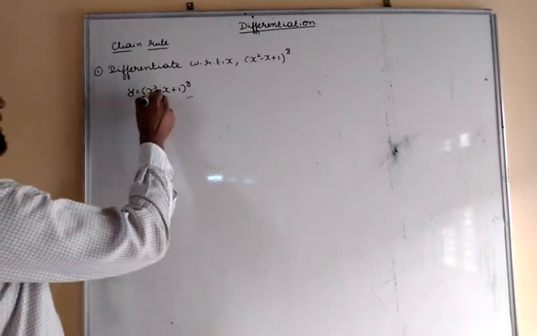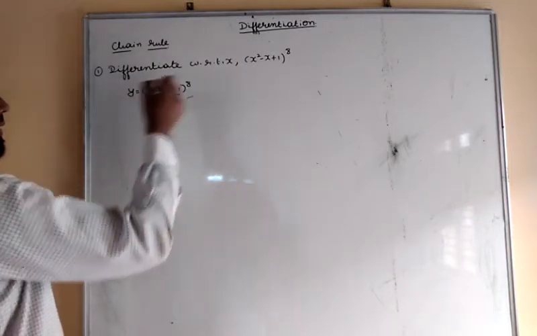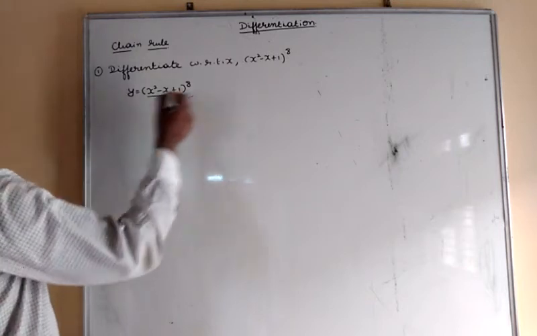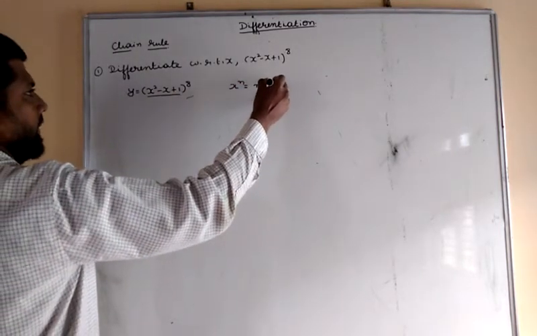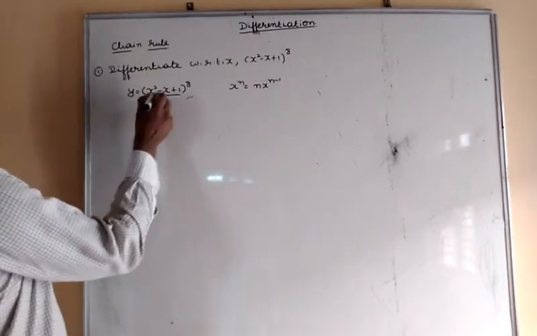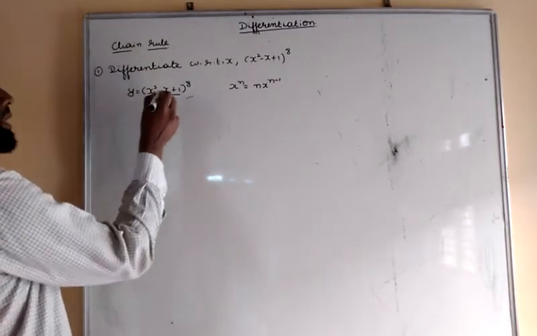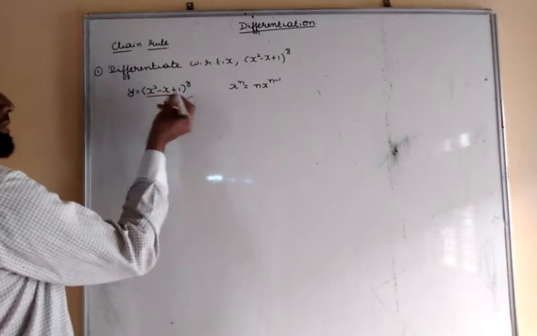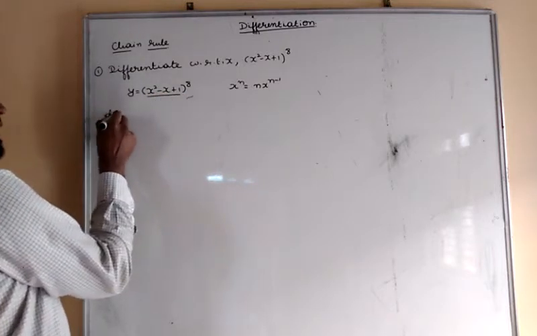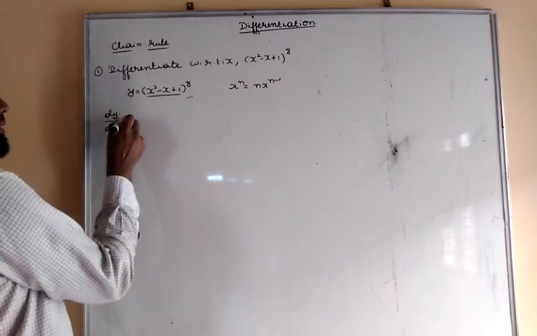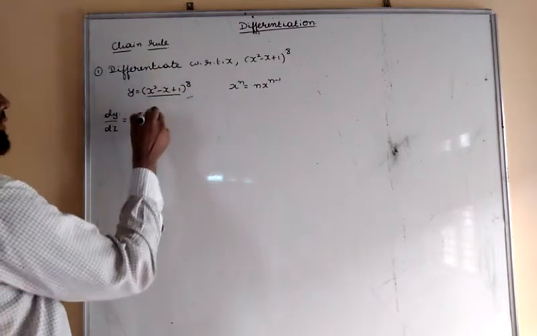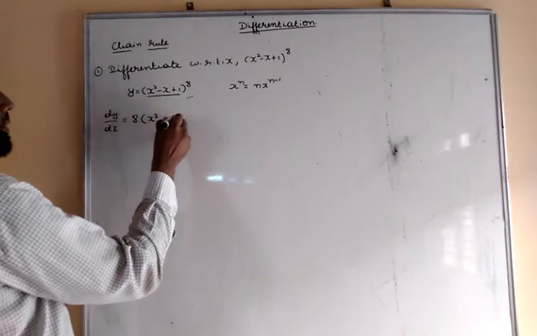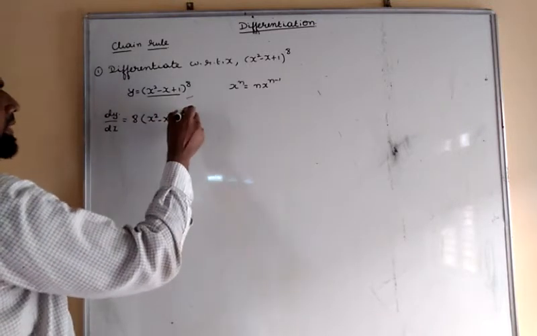If you assume this is x to the power of n, let us apply the formula, which is n into x to the power of n minus 1. You have to assume this is an x, but you have to write in the place of x, x square minus x plus 1. So dy by dx is equal to 8, in the place of n is 8, in the place of x is x square minus x plus 1, whole to the power of 8 minus 1 is 7.